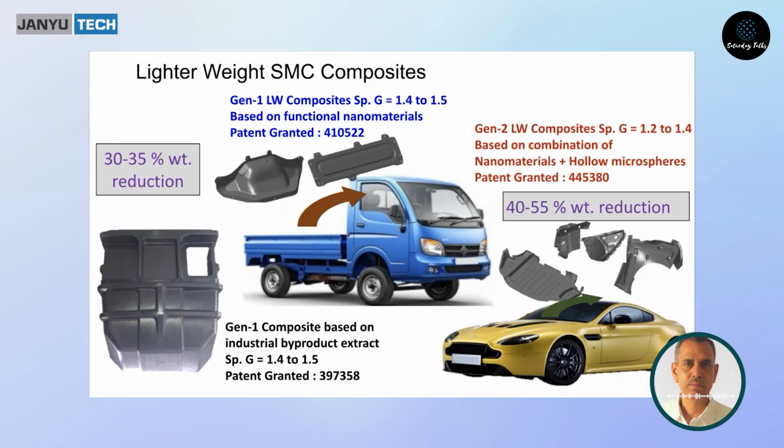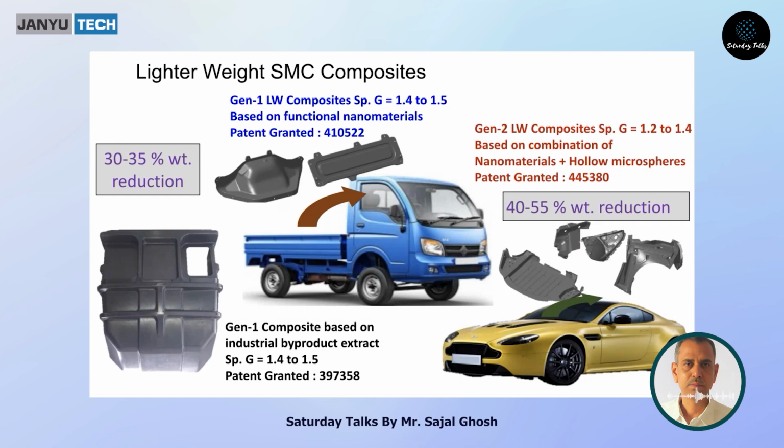But there is a difference. When we use the functional nanomaterial, we get very good impact. By using this industrial waste product, we have been able to get the lightweight and meet the other performance, but impact has got affected.